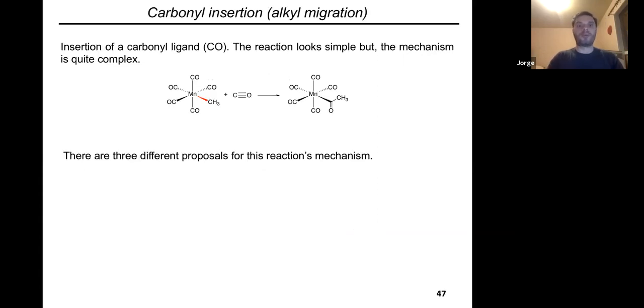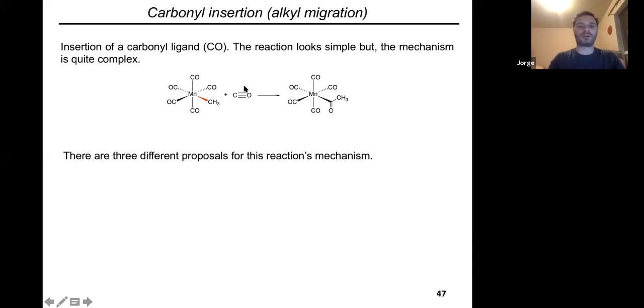Okay, moving on to carbonyl insertion, or also called alkyl migration. Insertion of a carbonyl ligand, or CO, that's what's going to be covered here. It looks like a very simple reaction, but the mechanism is quite complex. The overall equation looks very simple.